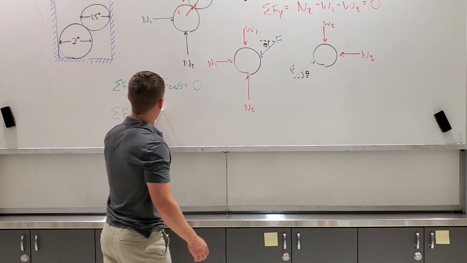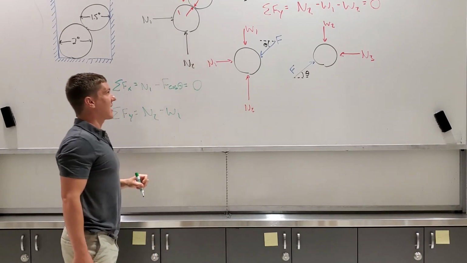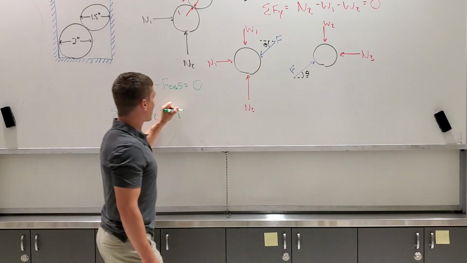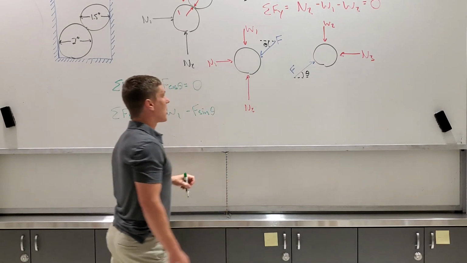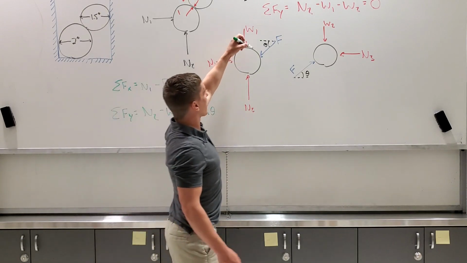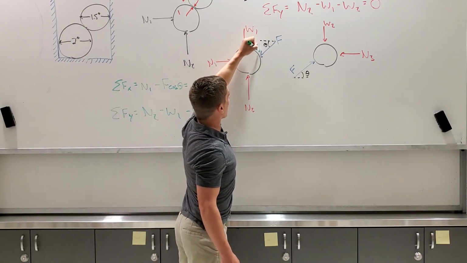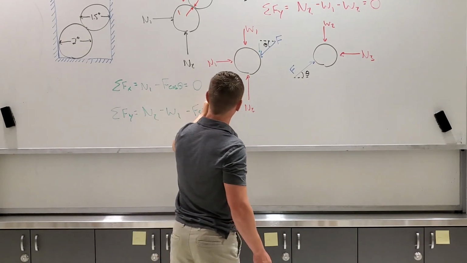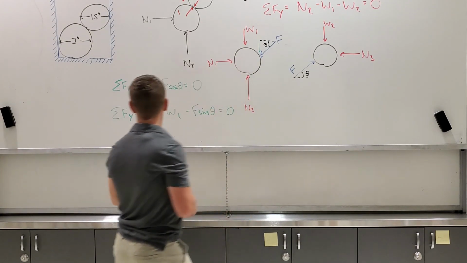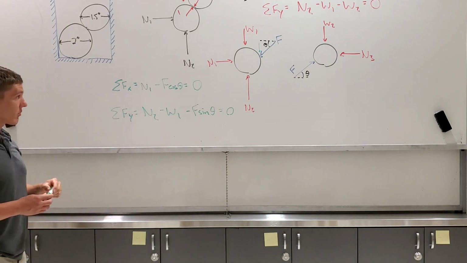I have a negative weight 1, which is negative because it's downward. And then I have a negative F sine theta, which is also downward, the downward component of F. So minus F sine theta is equal to 0.